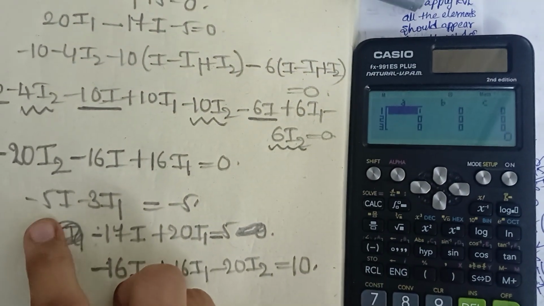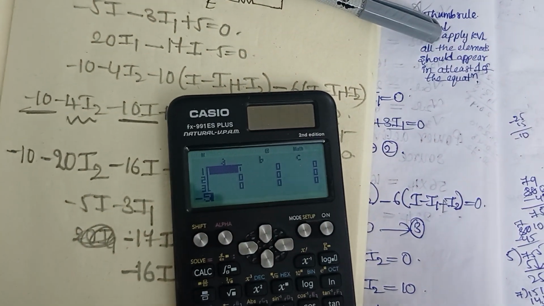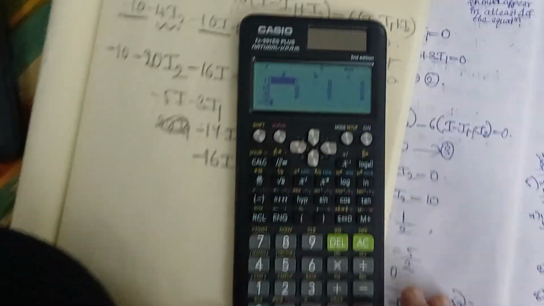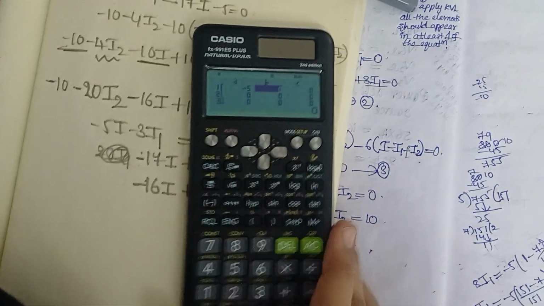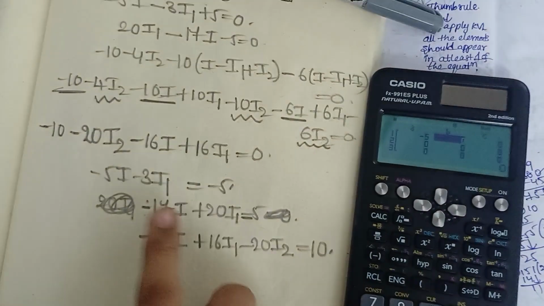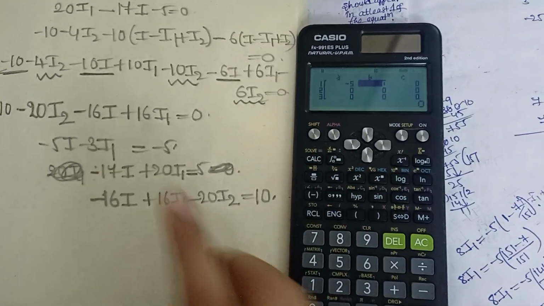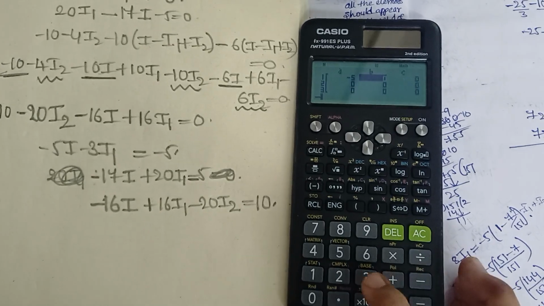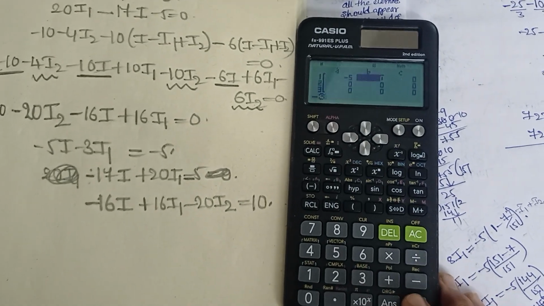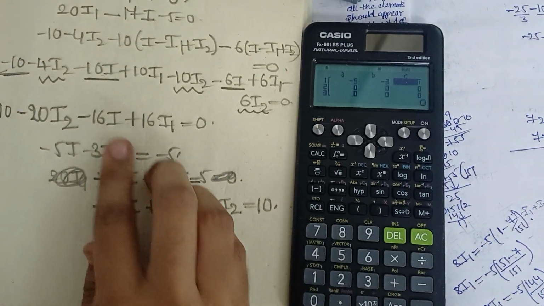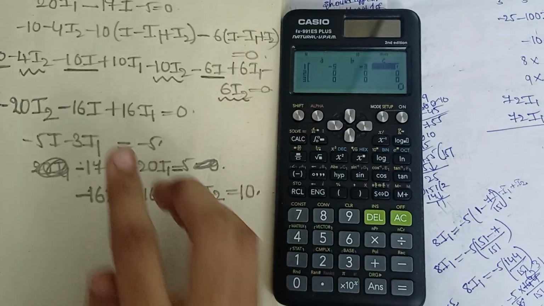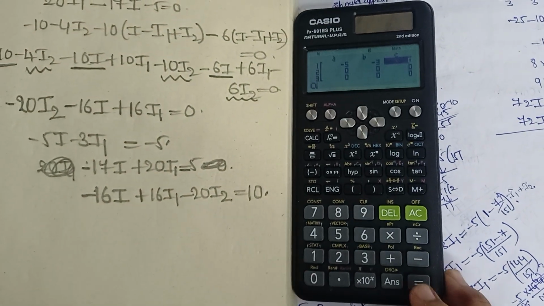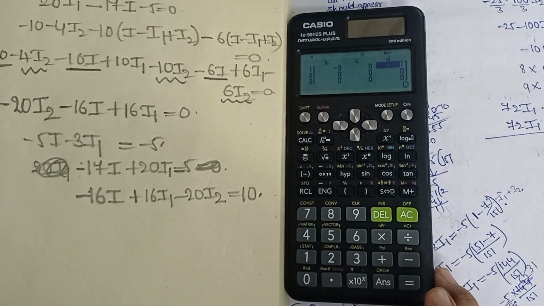The coefficient of I is minus 5, so place minus 5 and press equal to. After that you have I1, that is minus 3, so place minus 3 and equal to. Here you don't have an I2 term, so place it as 0 and click equal to.